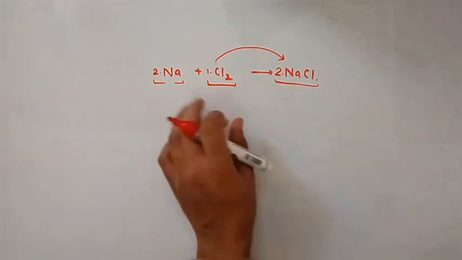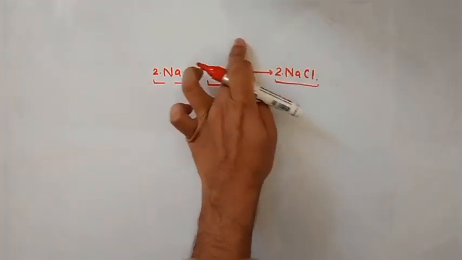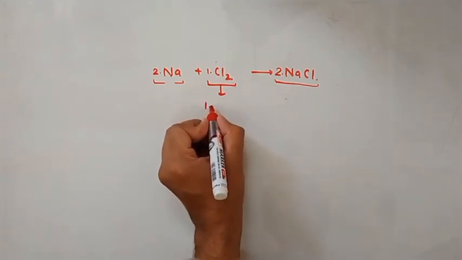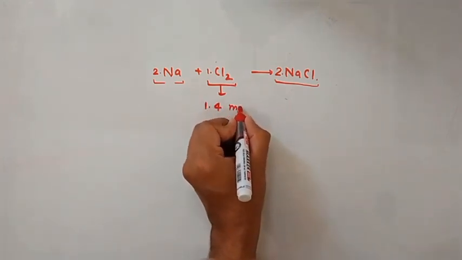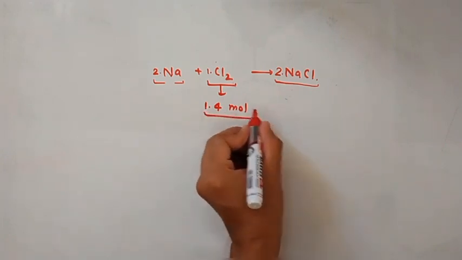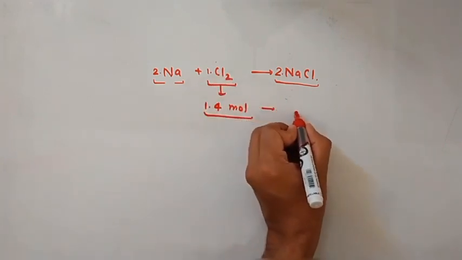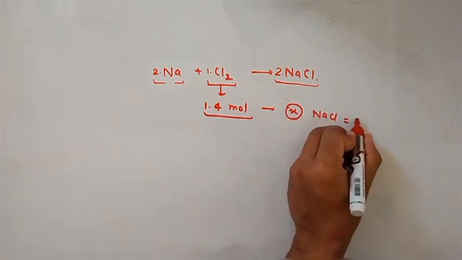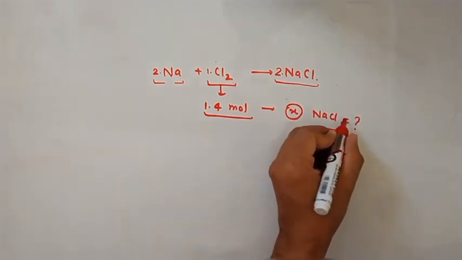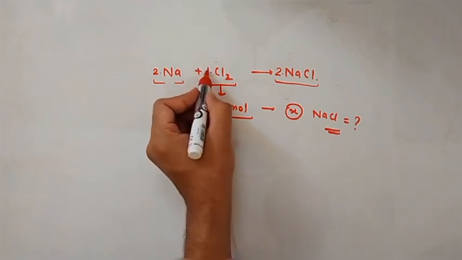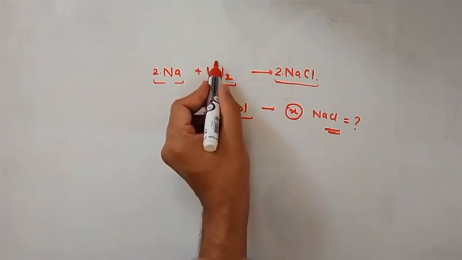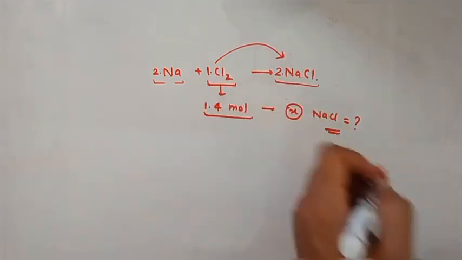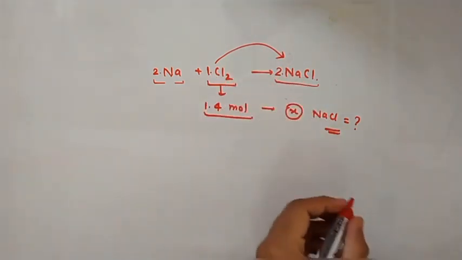If we are given in the question, for example, 1.4 mole of chlorine, and we need to find how much, X amount, of NaCl is formed, then simply by observation, 1 mole of Cl2 gives twice that as product.